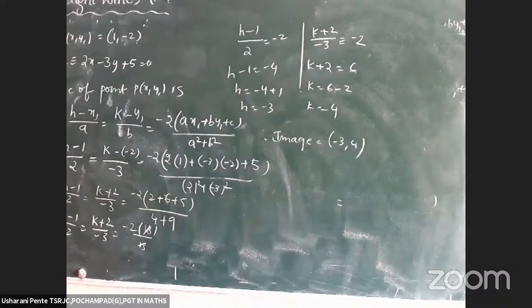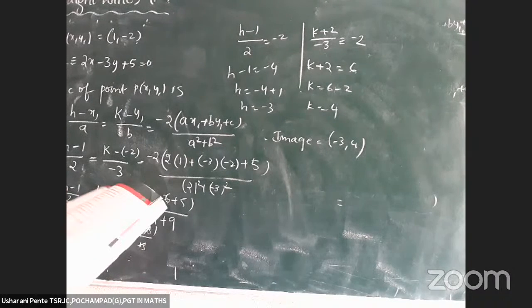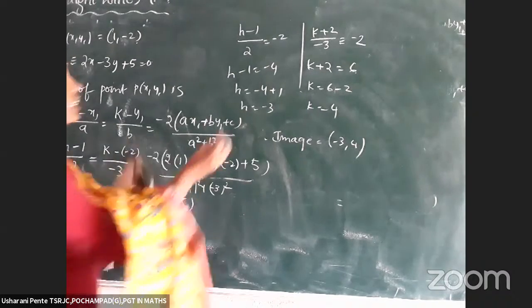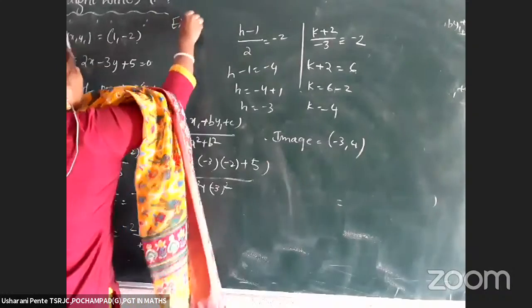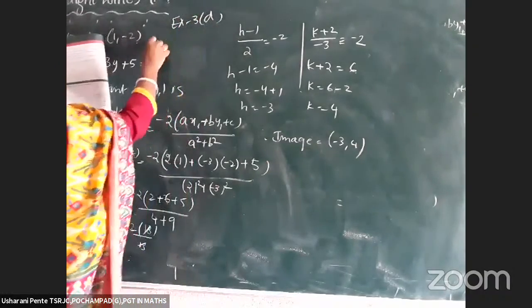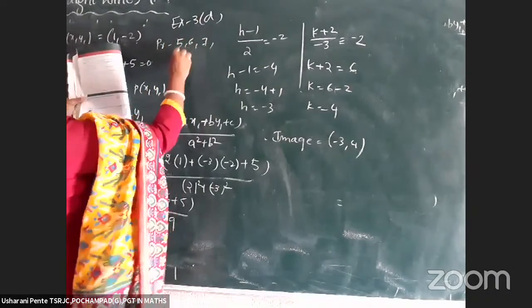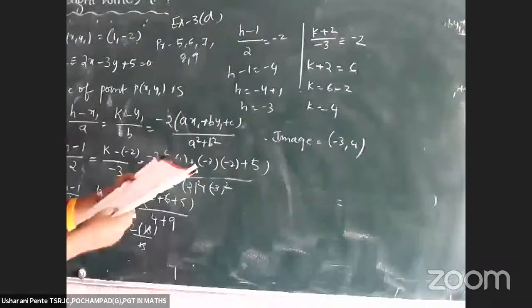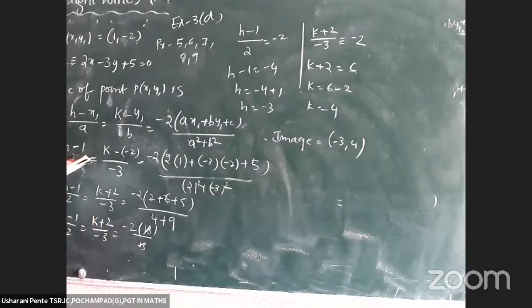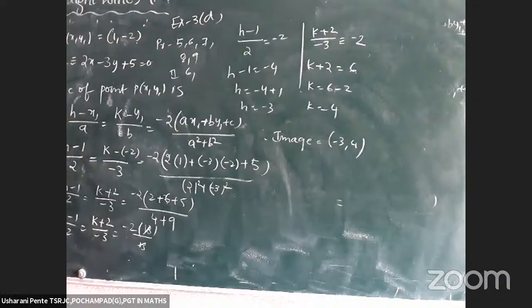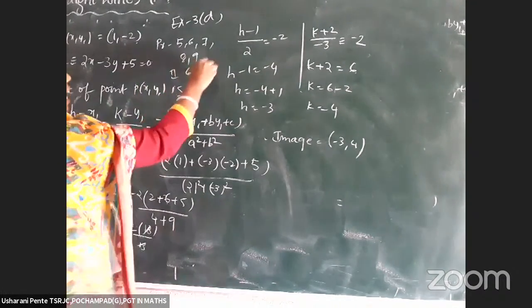We have some problems in the exercise to find the perpendicular distance, in Exercise 3D: problem numbers 5, 6, 7, 8, 9, and in the second part, problems 6, 7 and 8.